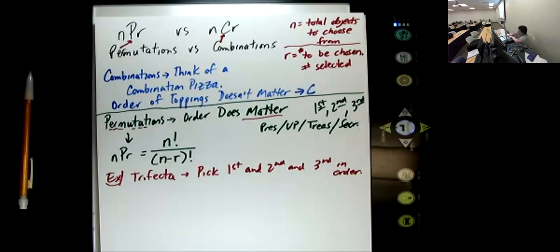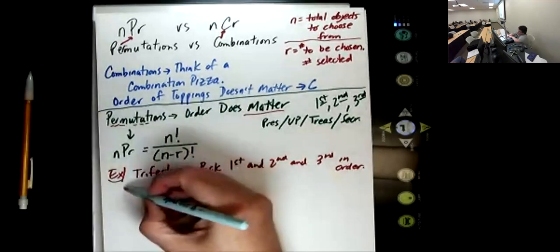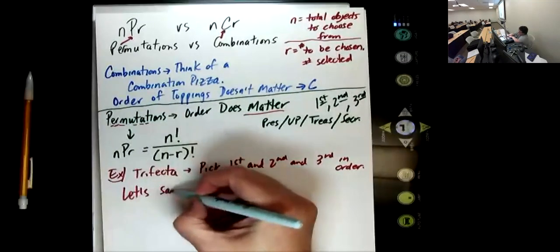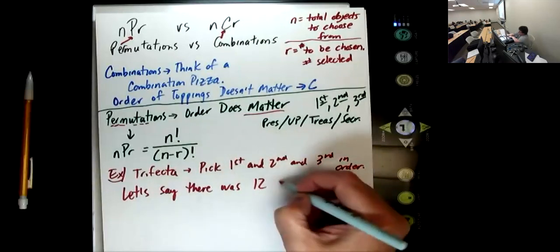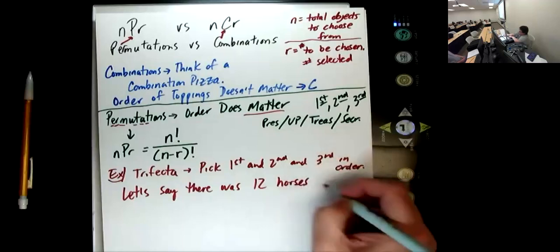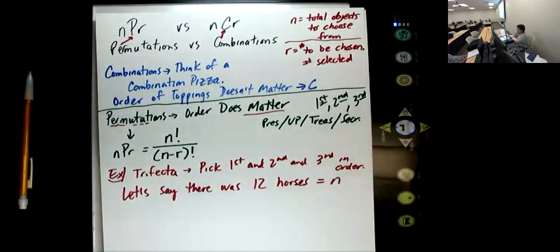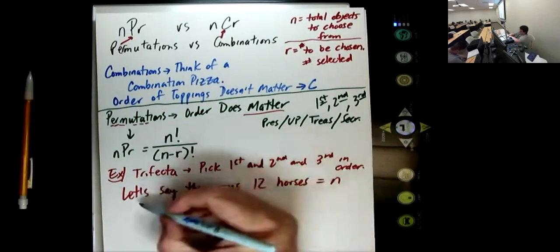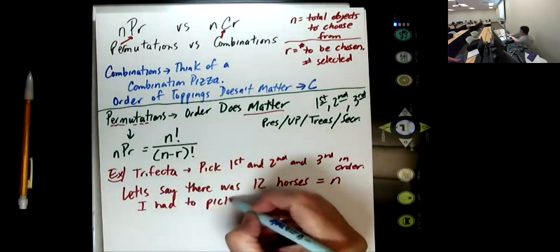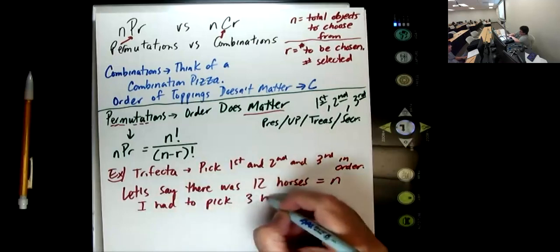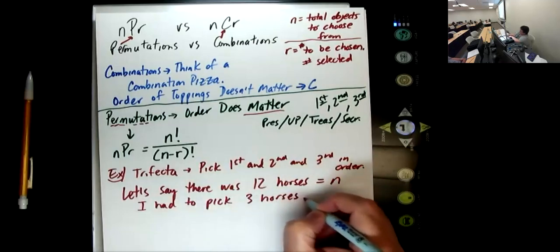Horse races have, let's say there was 12 horses. That is our N. I had to pick 3 horses. Anyone that plays a trifecta picks 3 horses.